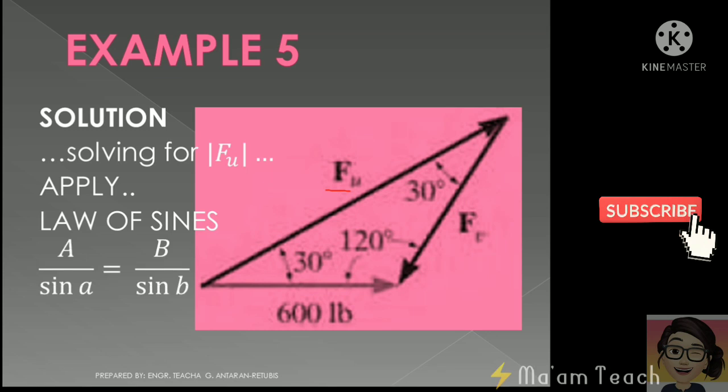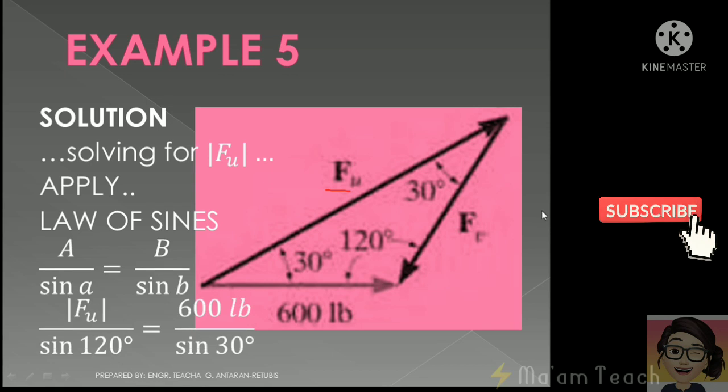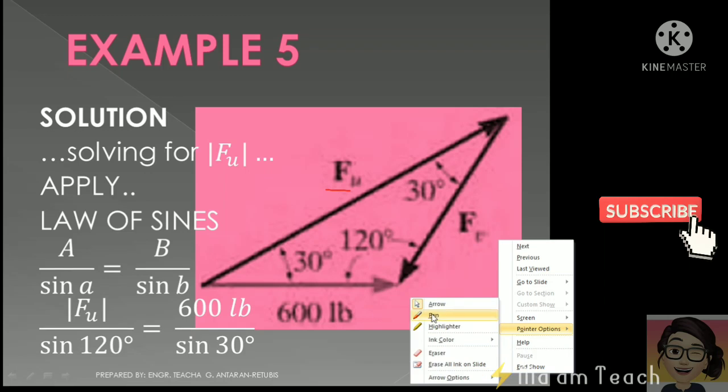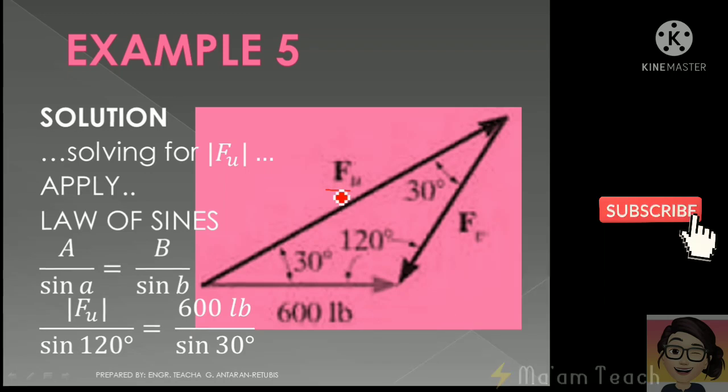In this case, we will make our side A our unknown, which is the f sub u, while the given side, 600 pound, will be our side B. The f sub u has an angle of 120 degrees opposite to it, so that's sine 120 here. The same with 600, so the same sine 30.